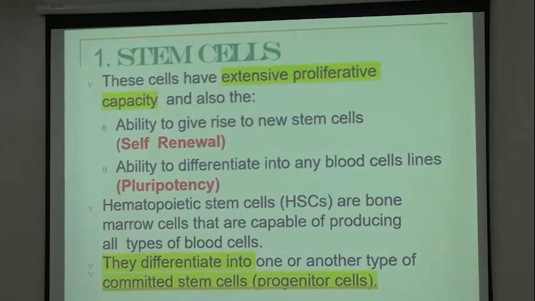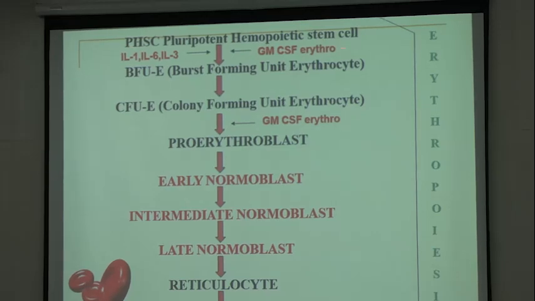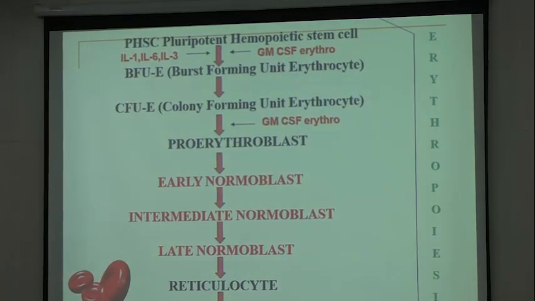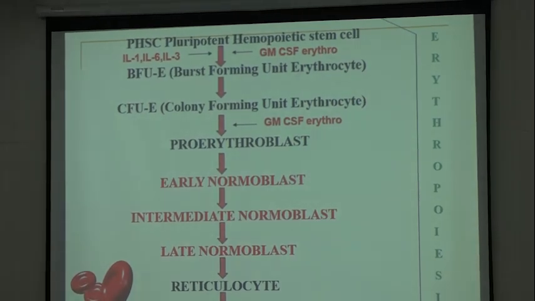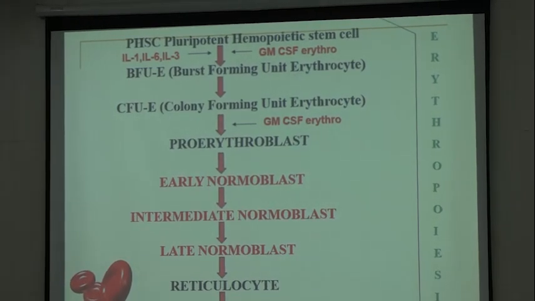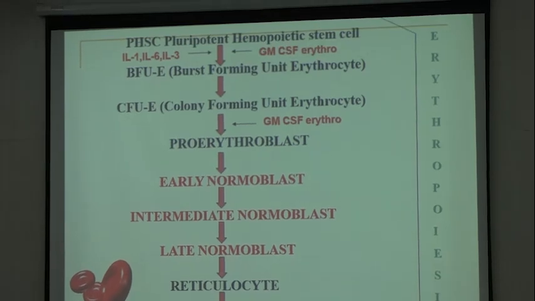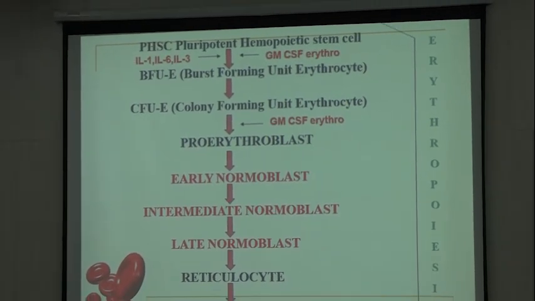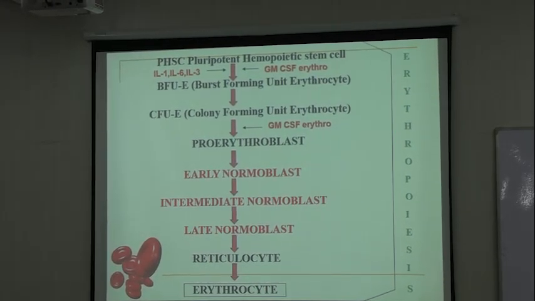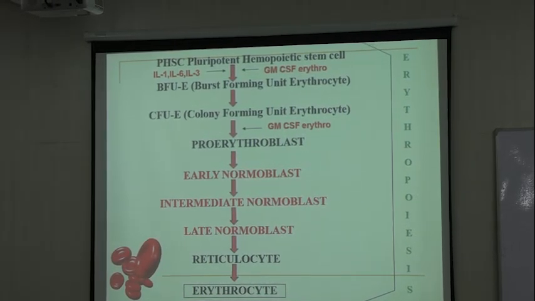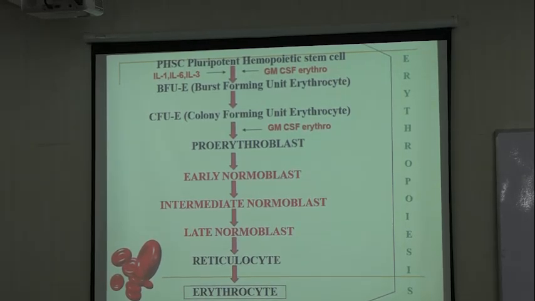The stem cells, these are the stem cells. By the influence of erythropoietin and these other factors, they are transformed into BFU, burst forming unit erythrocytes. Again, these will be transformed into colony forming units, CFU for erythrocyte.